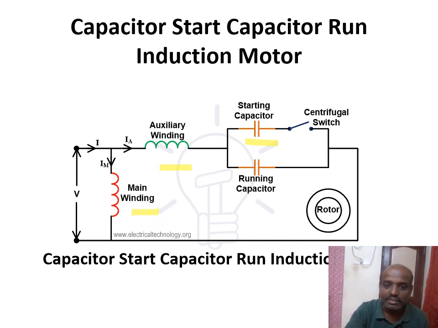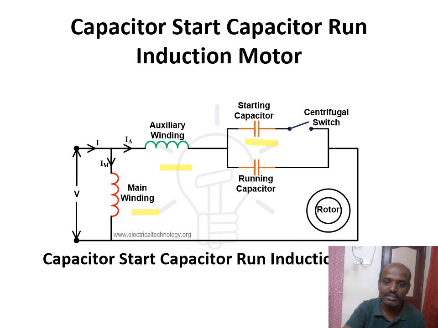The starting capacitor has a switch connected in series with it. When the rotor speed reaches 75 to 80 percent, this centrifugal switch will open and cut off the starting capacitor. So only the running capacitor remains connected to the auxiliary winding. Initially we need high torque, and for that purpose we add the two capacitors.